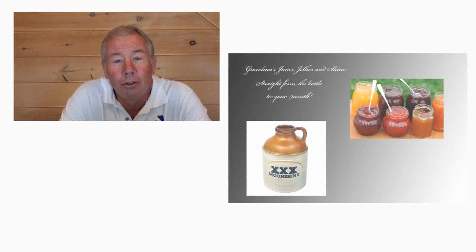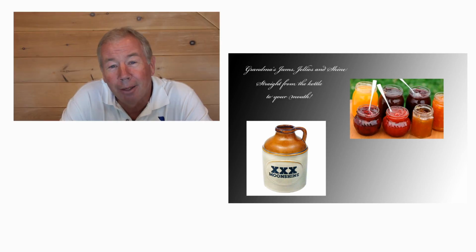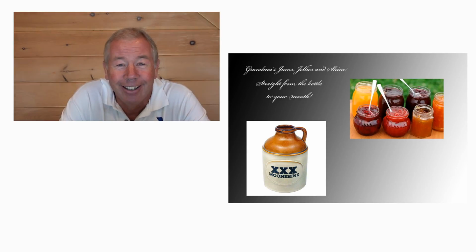In the last section, you briefly saw an entity relationship diagram for our example database in this course. Let's dig a little deeper and learn more about our example database. Our example business is Grandma and Grandpa's Jams, Jelly, and Moonshine.